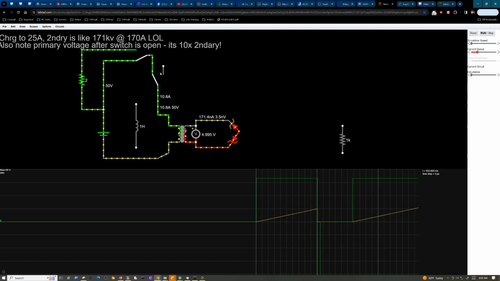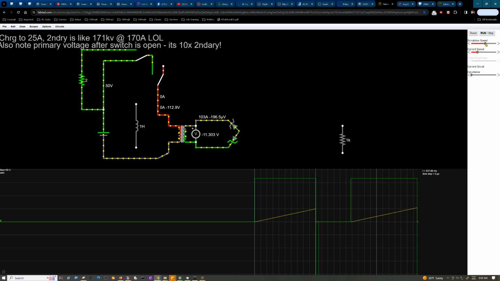10 amps, okay. Alright, so let's open that circuit, and now it's only 11 volts, but hopefully the discharge time will be longer. Still, the current is 107 amps, so it's still going to discharge pretty darn fast.